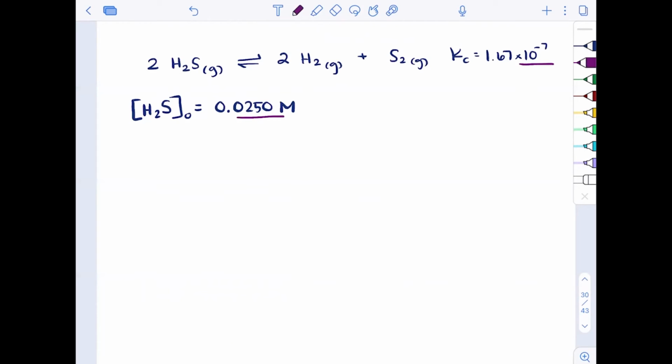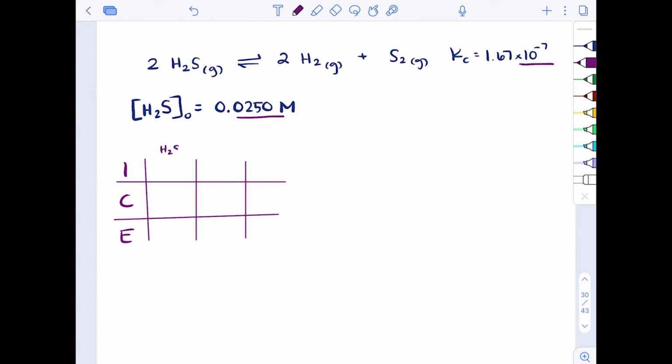We're going to, at the end, check to see if our approximation was valid. So let's go ahead and make our ICE table. Again, this is a question asking for the equilibrium concentrations of our reactants and products, given our initial concentrations and the Kc.